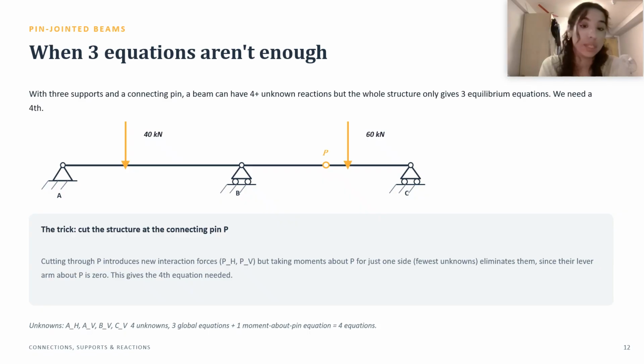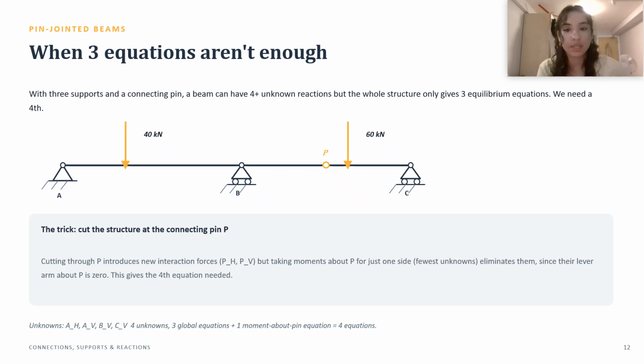But if we take moments about P for just one side, the one with the fewest unknowns, let's take it for the C area, on that side. This will eliminate the PH and PV that you don't need to know.